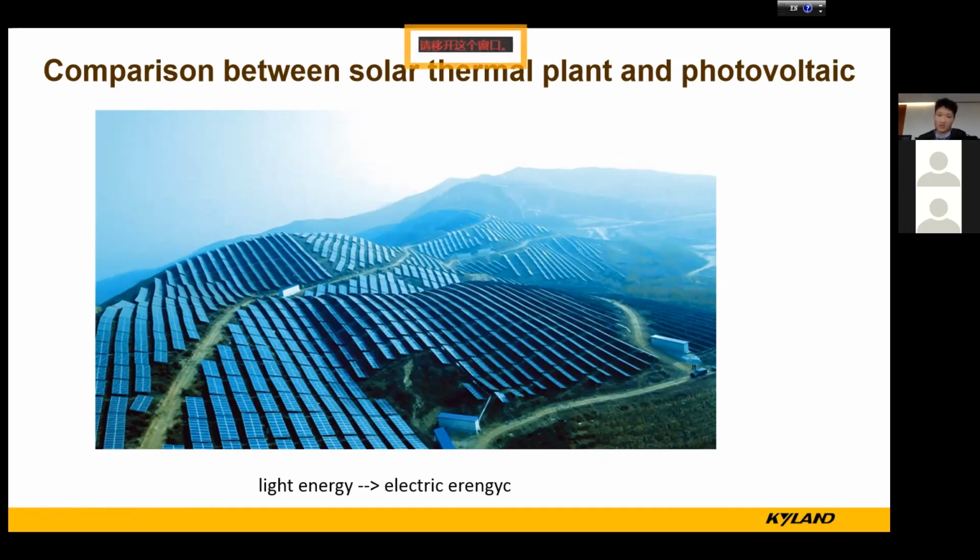So the energy is not controllable if you use this kind of energy generation.